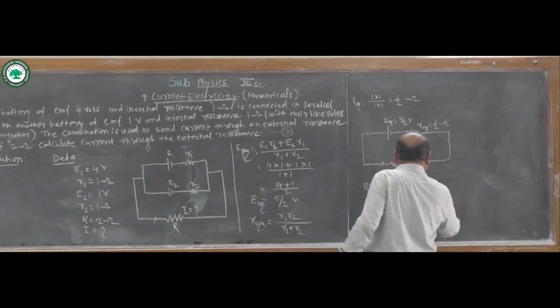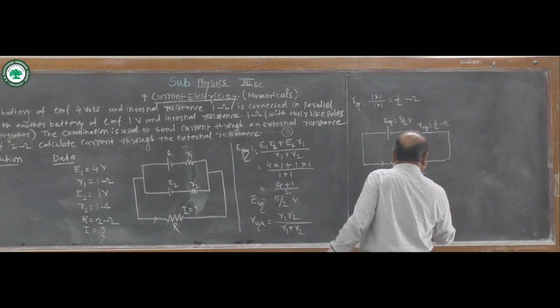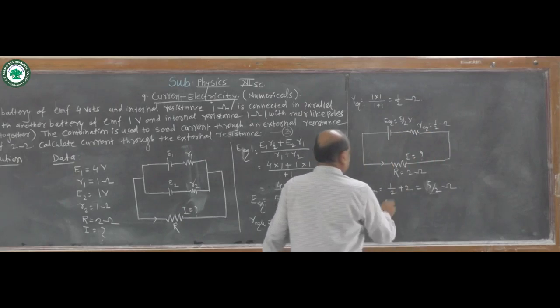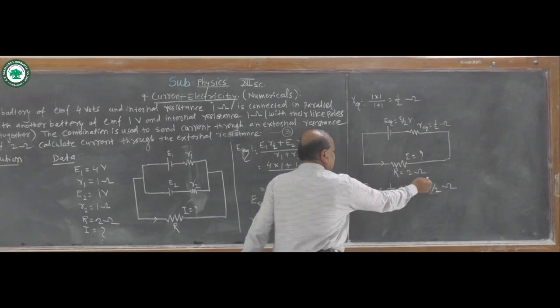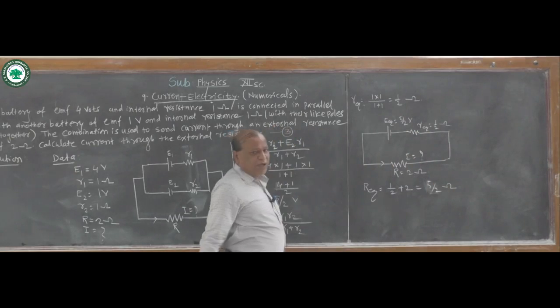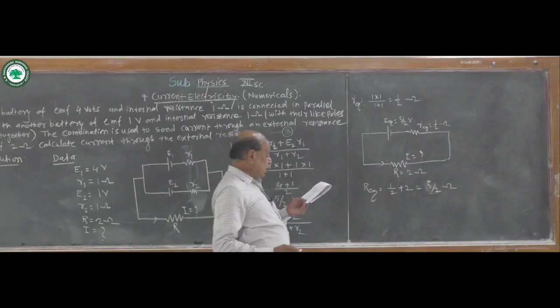That value comes to be 4 plus 1, that is 5 divided by 2, so we get 5 by 2 ohm.